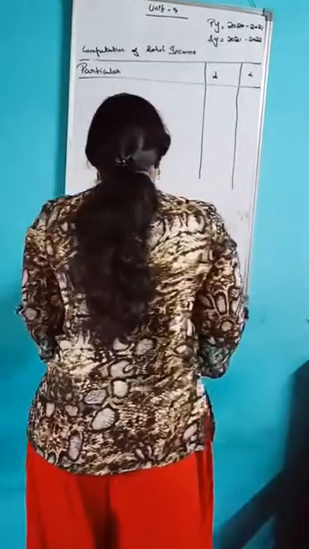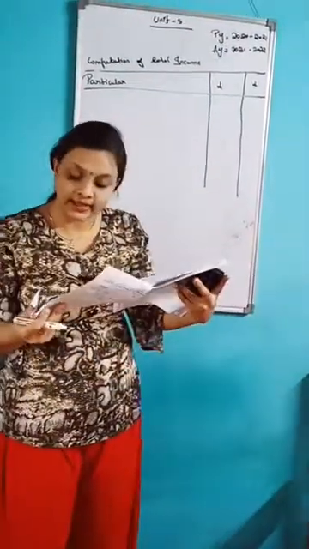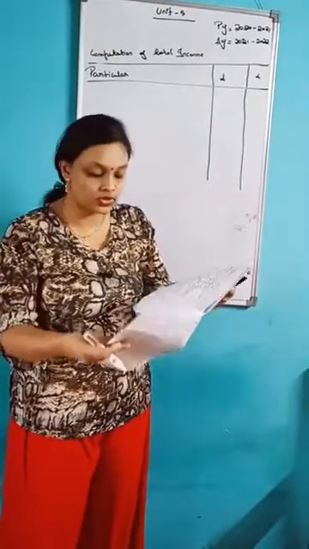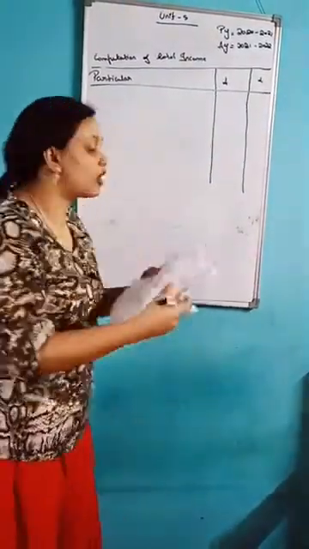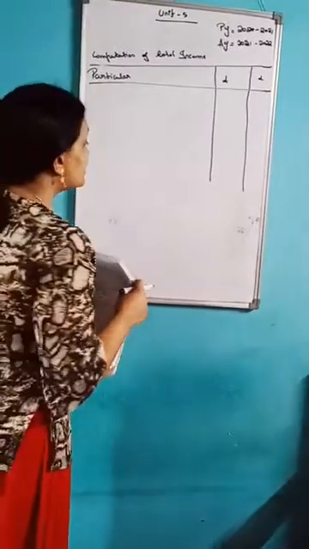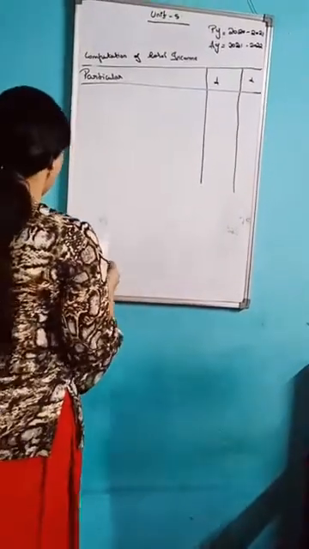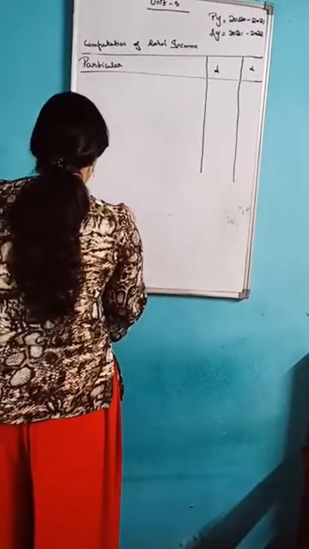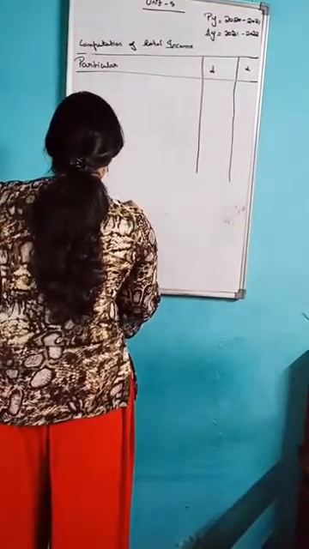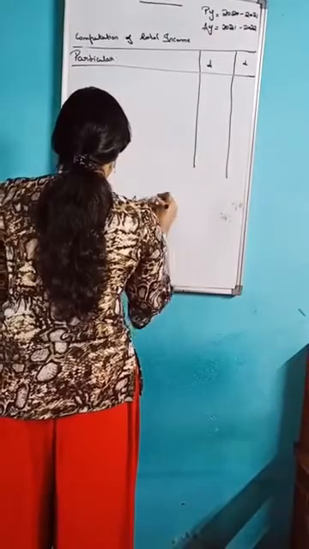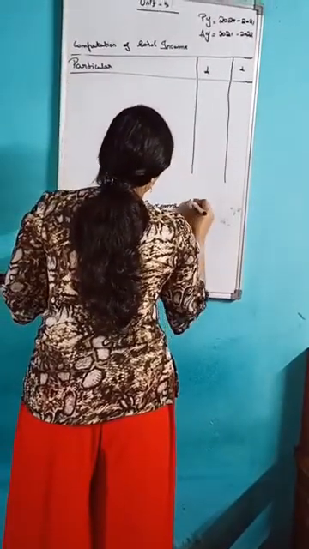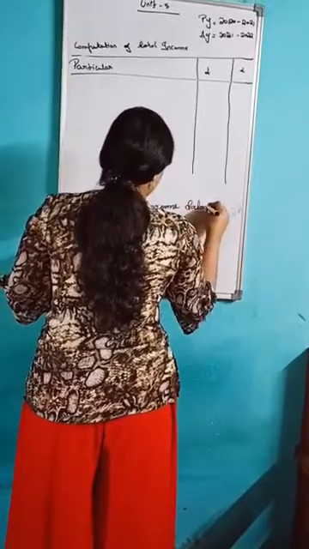So here the question says salary received is 1,60,000. So you should write the format here. What is it? Salary format. So I will write here computation of income from salaries.